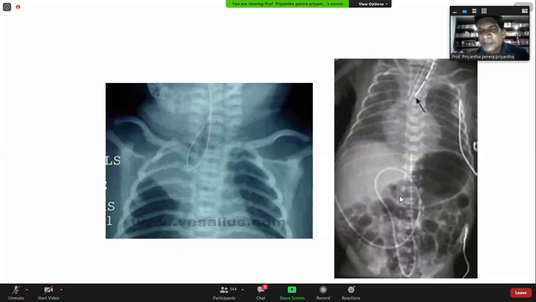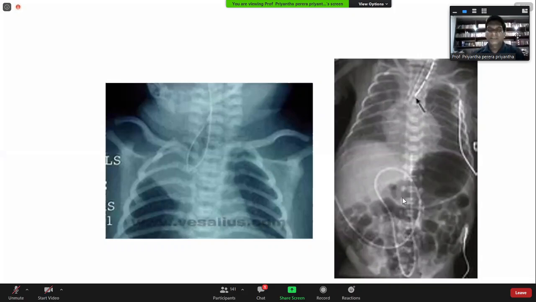If the esophagus ends blindly and there's no connection between the lower part of the esophagus and the trachea, then there's no chance of the bowel getting air.